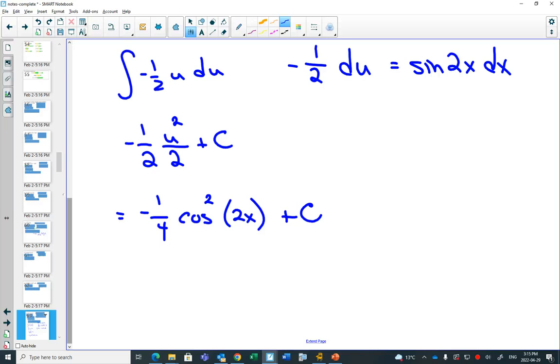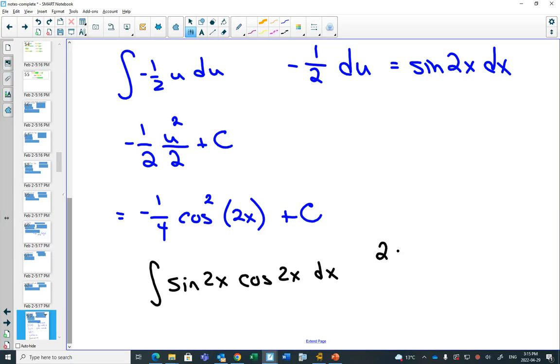And then, method number 3. Okay, I like this one. So I have the integral. It doesn't even need substitution. What did we have? Sine 2x, cos 2x. I'm going to use the following identity.